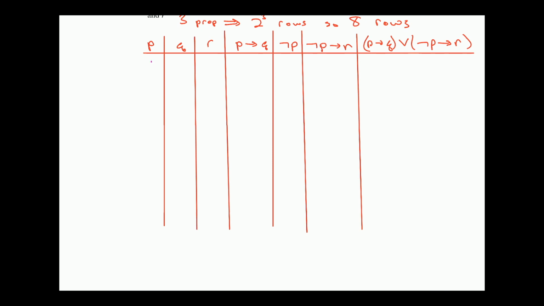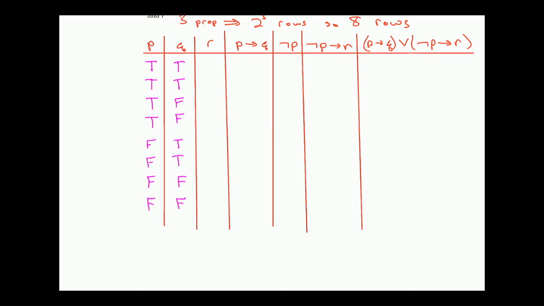So that means we'd go true, true, true, true. 4 trues. Then 4 falses. False, false, false, false. There's your 8 rows. 4 true, 4 false. Then the next proposition, you go 2 and 2. So you go 2 trues, followed by 2 falses, 2 trues, followed by 2 falses.